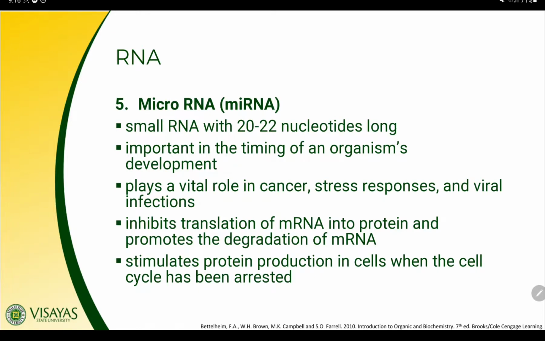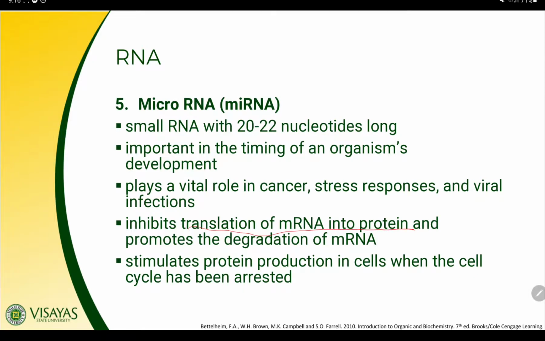The next type of RNA is called microRNA or miRNA. This is small, with 20 to 22 nucleotides, and is important in the organism's development. It plays a vital role in cancer. What it does is it inhibits translation of mRNA into proteins.